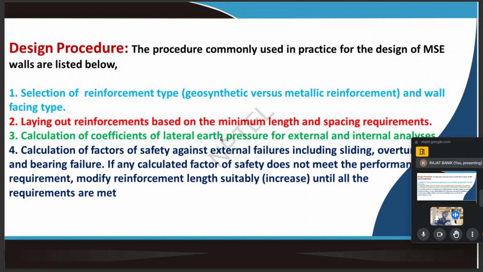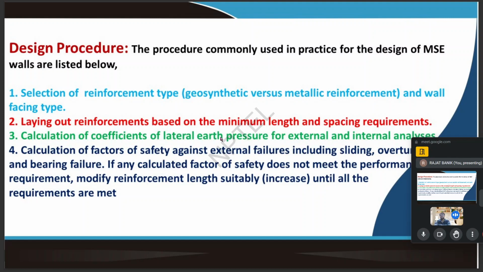Metallic reinforcement means the rods we use in buildings. And geosynthetics are things like grids and geotextiles; all of these are called geosynthetics. And the wall facing also needs to be selected.